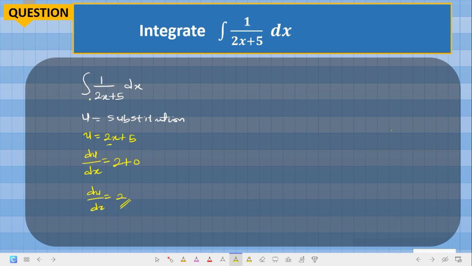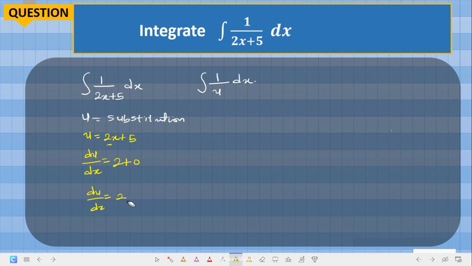Now remember that we substituted u for what? 2x plus 5. So our expression can also be written as the integral of 1 over, in place of 2x plus 5 we can put in the value of our u. So this is u dx. Now recall that your du over dx is equal to 2. Now can we make dx the subject of the formula here?